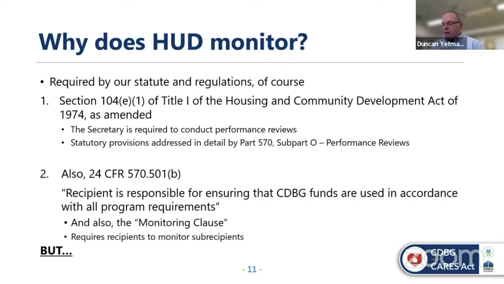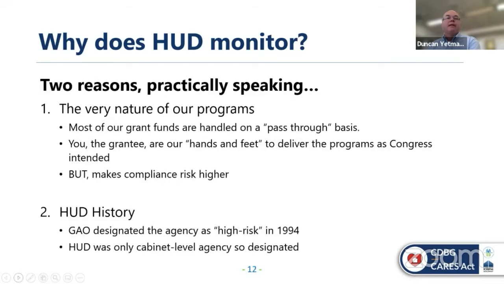This makes the recipient also responsible for determining the adequacy of performance under subrecipient agreements and procurement contracts, and for taking appropriate action when performance problems arise, such as actions outlined in 570.910 under Subpart O. But, here's the but.